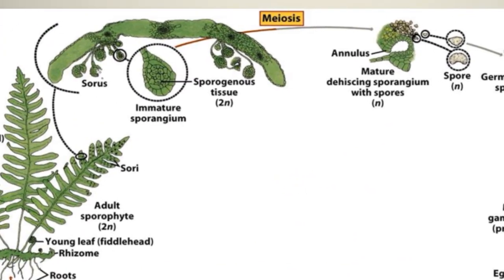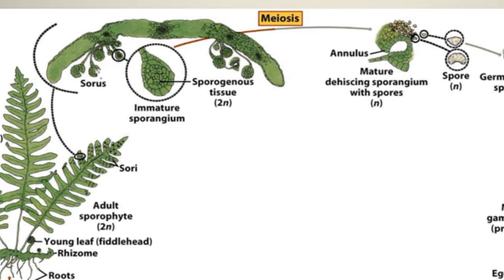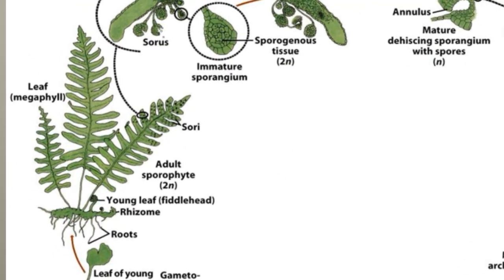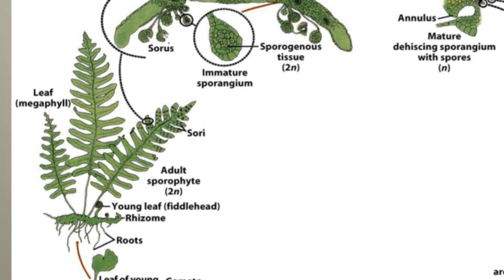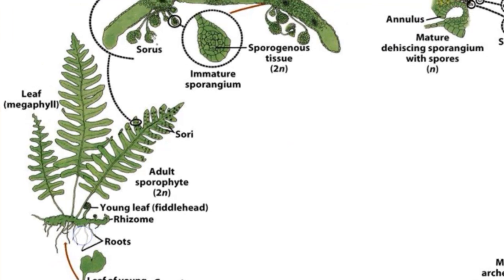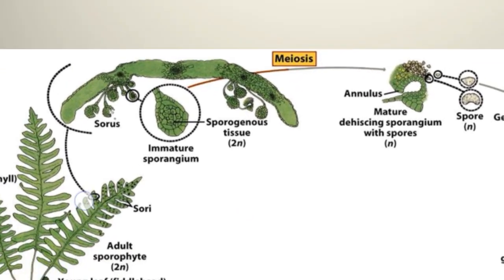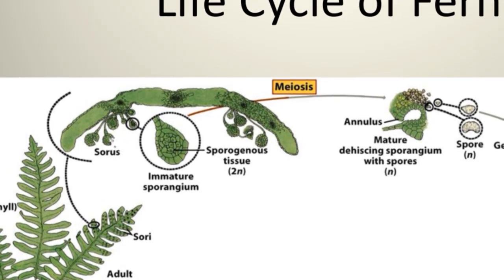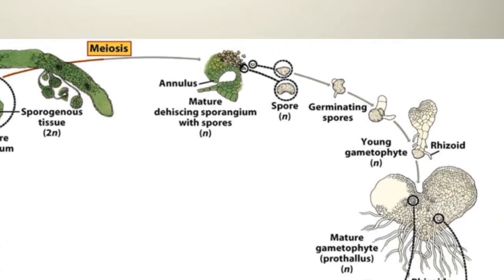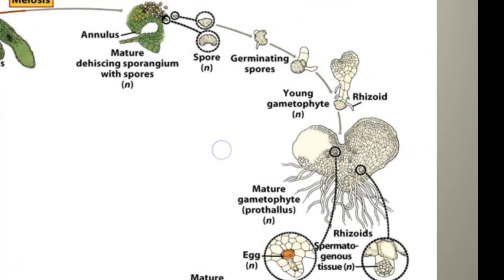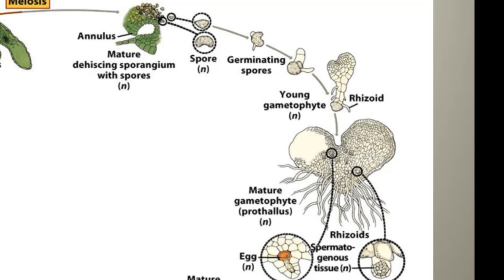Now inside the sporangium meiosis will take place. This rhizome, this young leaf, this particular root, this particular compound leaf, all are diploid. But inside the sporangium, the spore mother cell divides meiotically to form the haploid spore, and that haploid spore, on getting a suitable condition, forms a green-colored heart-shaped prothallus.